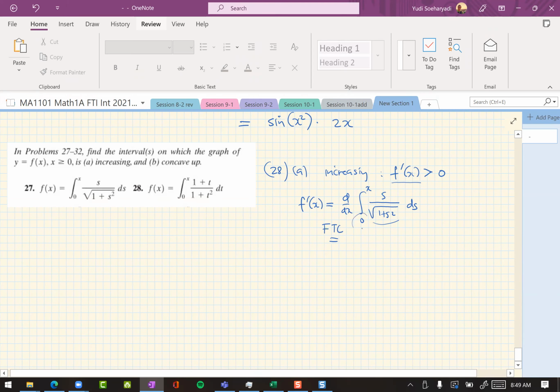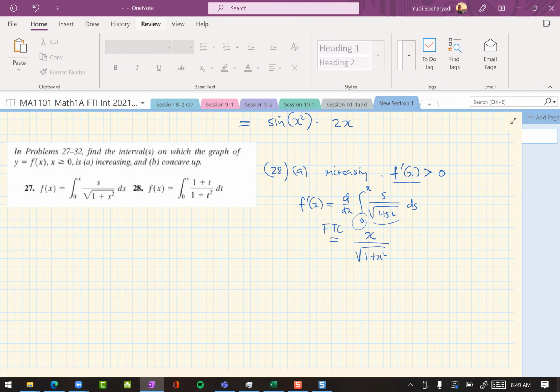So continuous. The lower bound is constant, and the upper bound is the variable x. So FTC holds in this case, and the derivative cancels the integral. So what we have is just replacing s by the variable x.